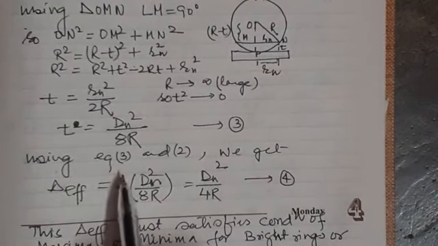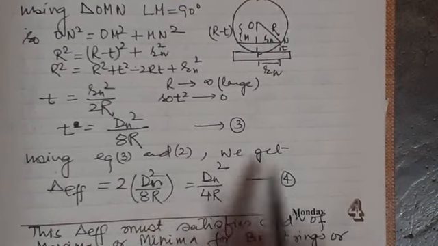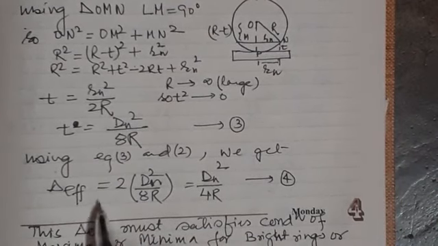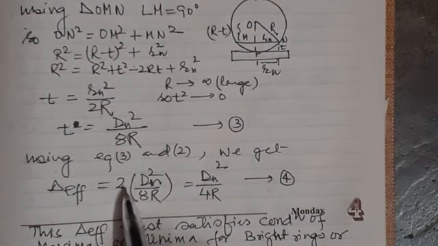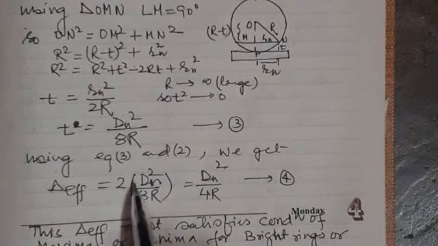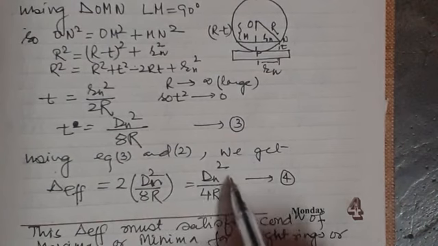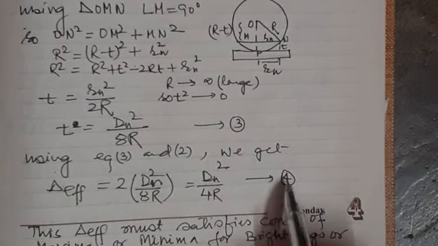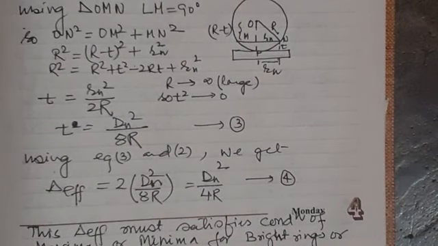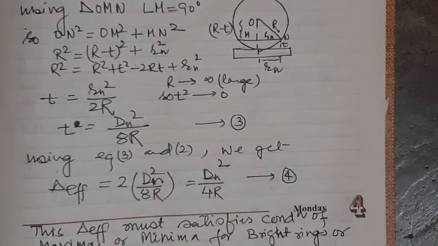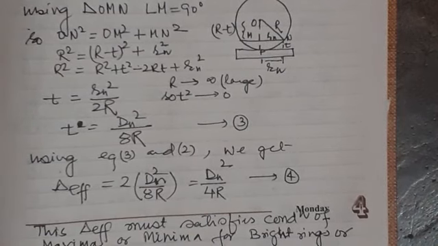Now using equation 3 and equation 2, we get delta effective is equal to twice of t, means 2 times dn square over 8R. After solving, we get dn square over 4R, that is equation 4. Now, whenever this delta effective satisfies the condition of maxima and minima, it will give you the bright rings and dark rings.